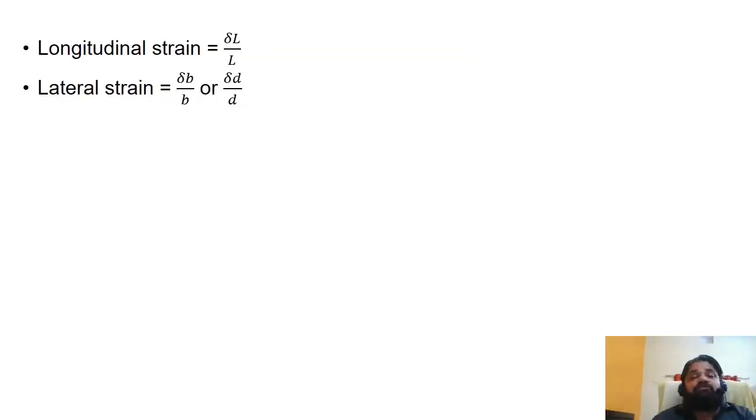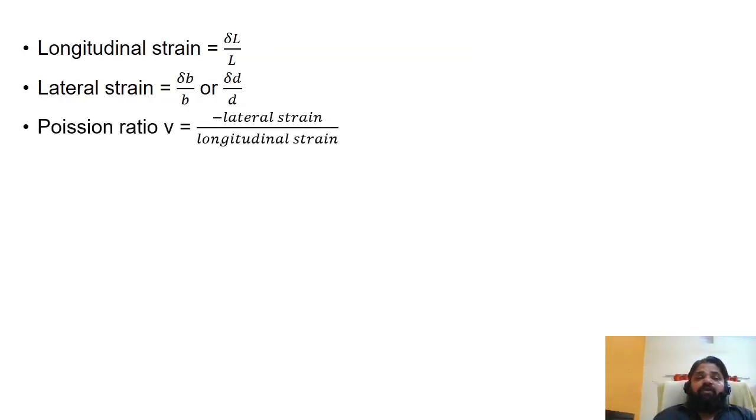If it is the figure we saw just now, that is circular in nature. So it is either delta B by B or delta D by D. Now the Poisson's ratio, nu, is equal to the negative of lateral strain by longitudinal strain. We understand that. I need not explain it again.